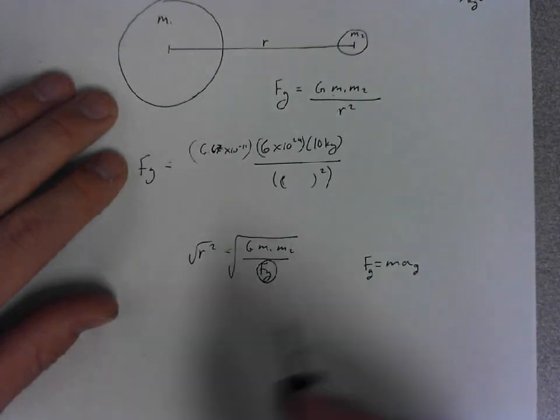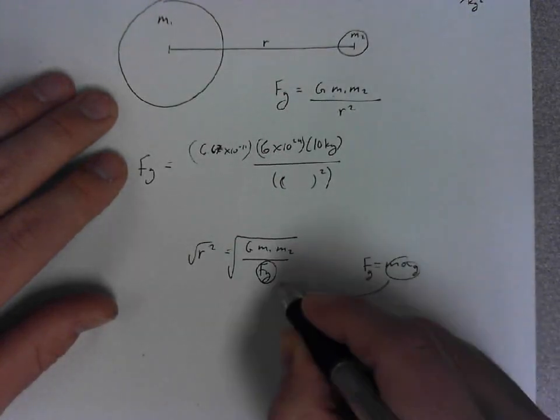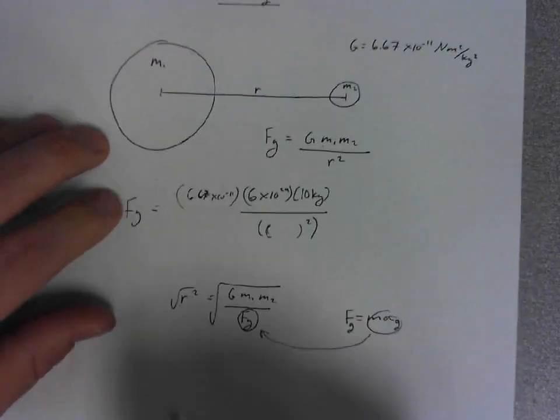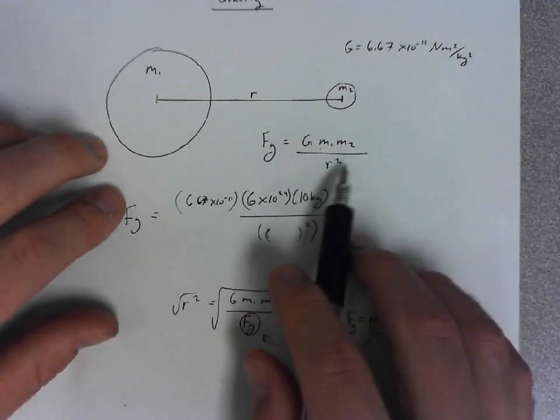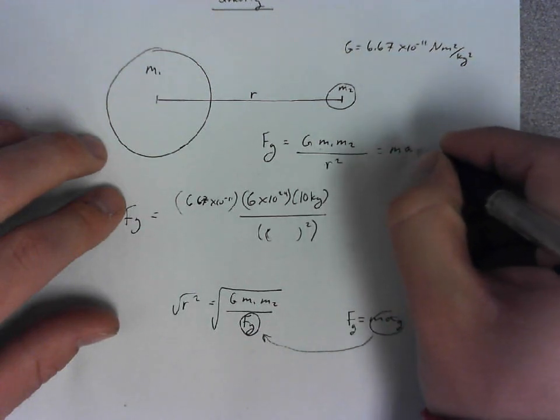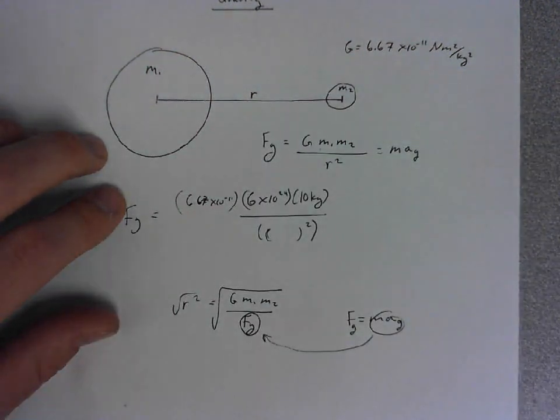So you can substitute this in: Fg can equal G M1 M2 divided by R squared, and it can equal the mass of the object we're looking at times the acceleration of gravity there. So we could use that, and that helps us.